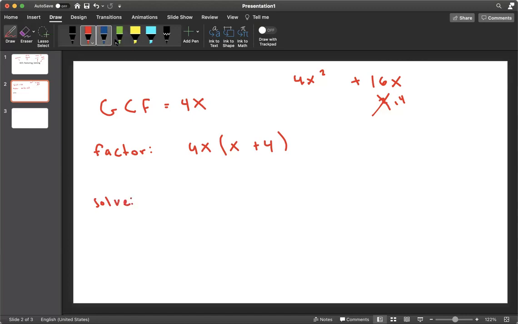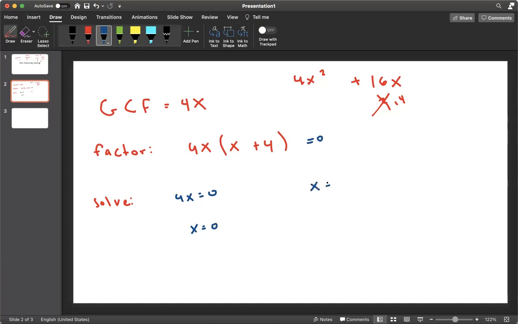And when we solve, we are setting this factored form equal to 0. So here we have 2 parts. So we set both parts equal to 0. 4x equals 0, and we find out that x is equal to 0.